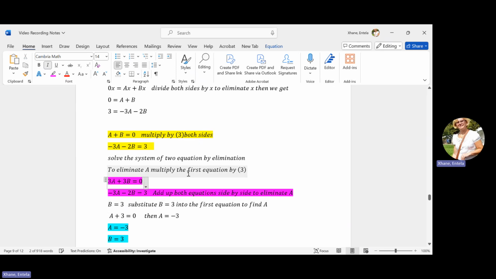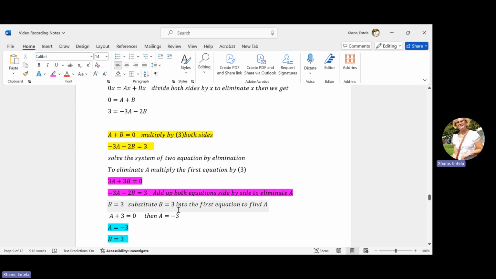Let's make this entirely purple. So 3a and negative 3a cancel each other out. So if that's the case, a will be eliminated, and only variable b remains. So what remains after adding 3b and negative 2b, I get b by itself, which is 3, because 0 plus 3 is 3.